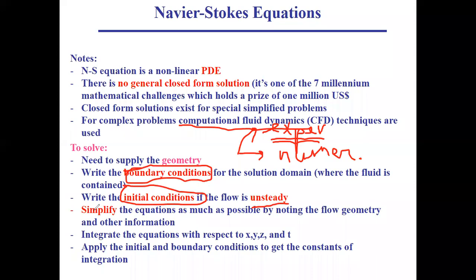Now, in case it's possible to do some simplification, we do that. For example, sometimes some effects can be neglected. When you have the sum of forces equal to ma, you can have many types of forces: electrostatic, magnetic, body forces, buoyancy forces, etc. Sometimes from the application, you know what the dominant forces are.